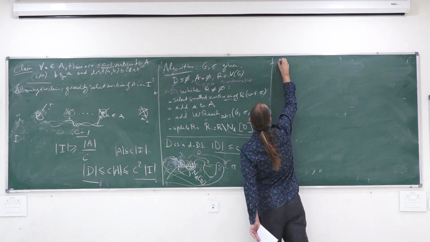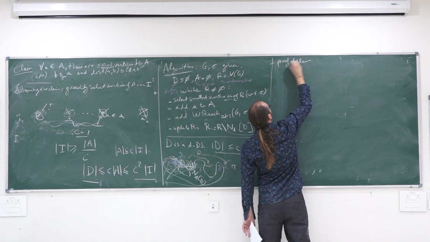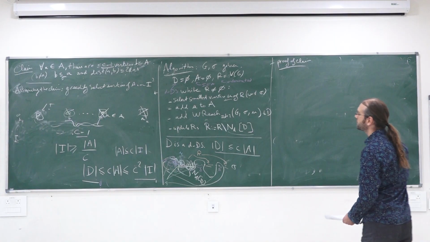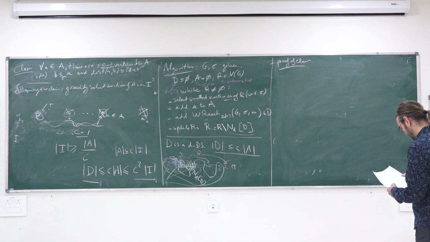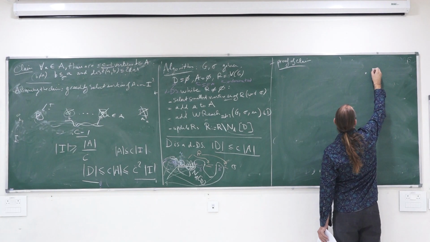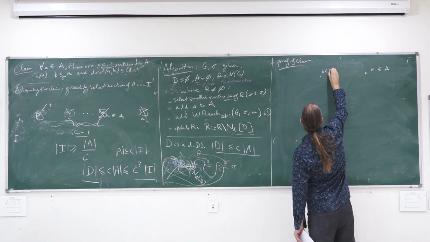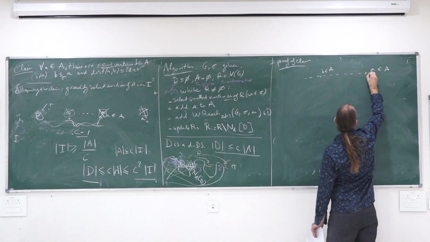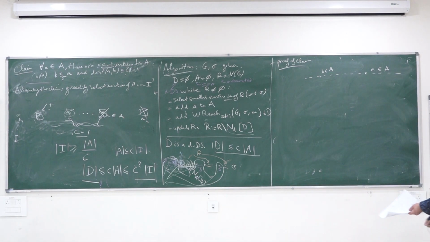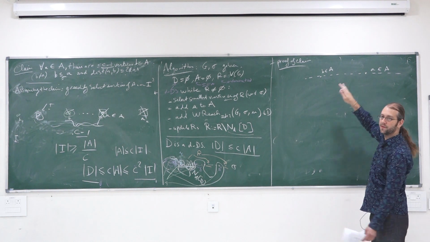Proof of claim. So you look at your A, and let's look at the B that you have selected before. Let's assume that the distance between them is small.